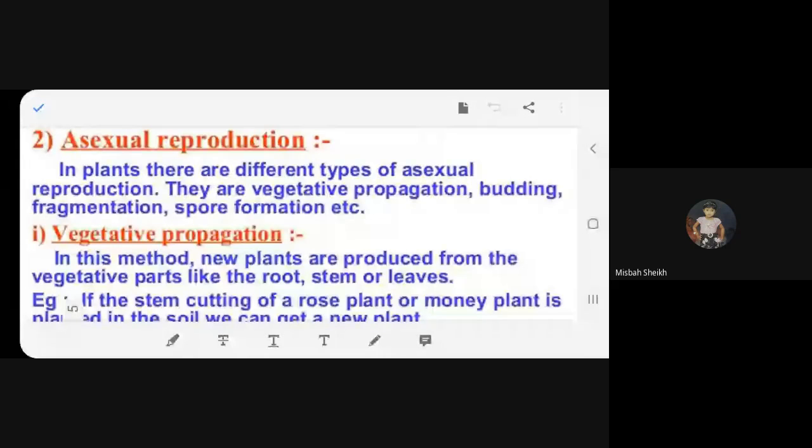Vegetative propagation. In this method, new plants are produced from the vegetative parts like root system or leaves.